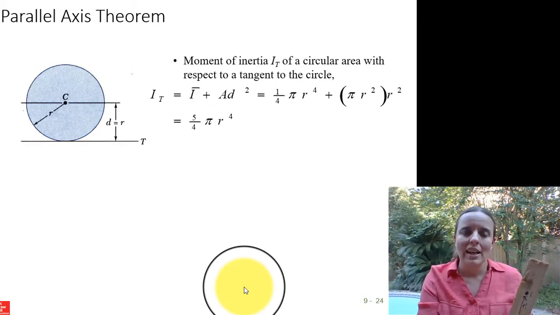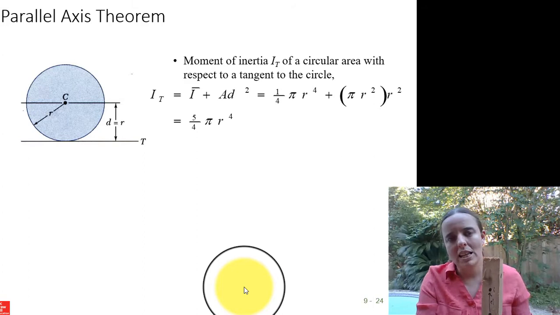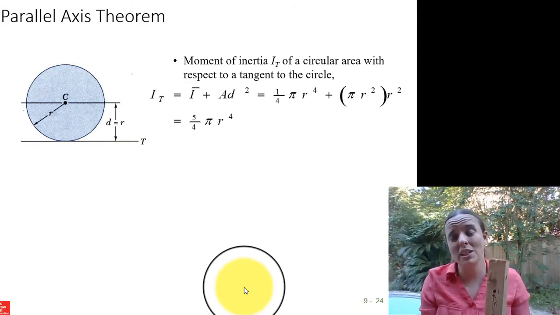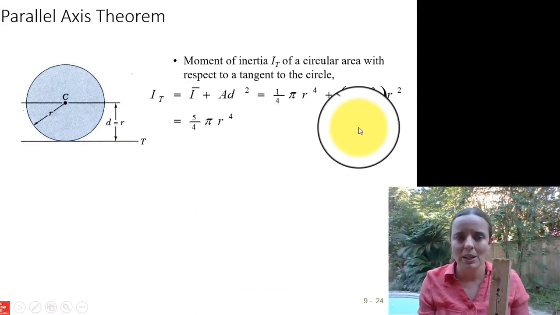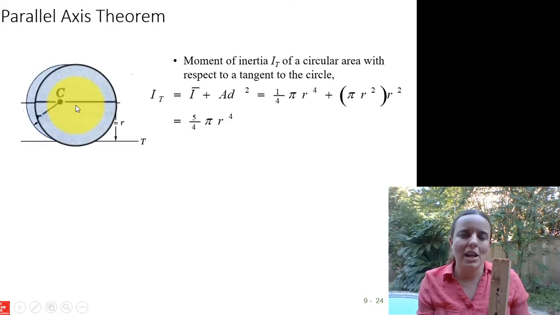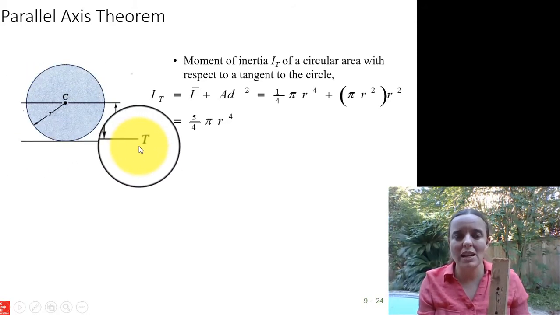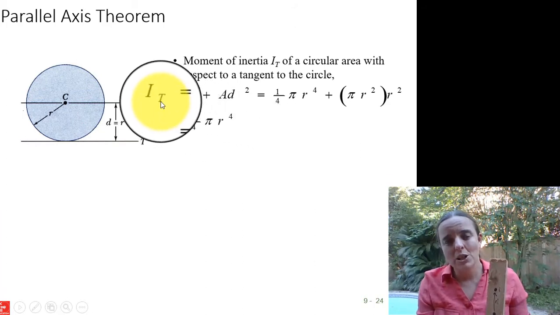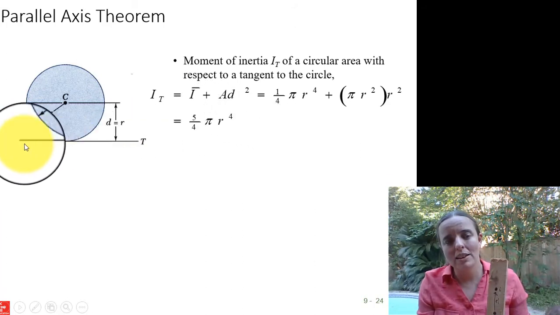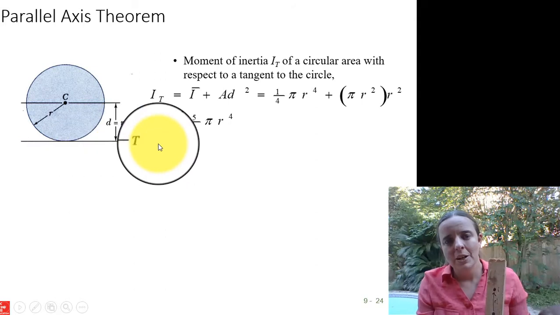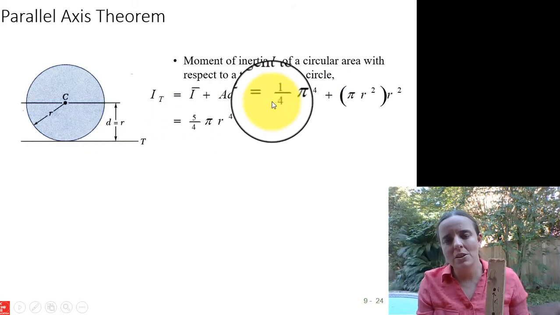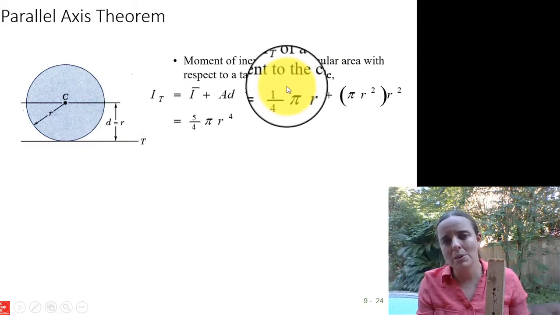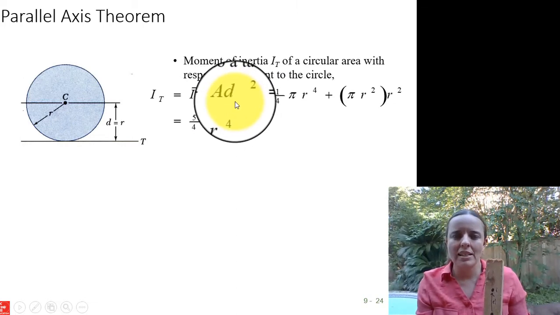Okay, so here's a couple of examples using the parallel axis theorem, and you can look some of these shapes up in tables. If you're going to go around the center of the circle versus maybe rotating around the edge of it instead, what would that look like? The inertia, if the whole thing was rotating around this tangent line, would be what it is around the center, which is what you would look up in a table, plus your area times distance squared.